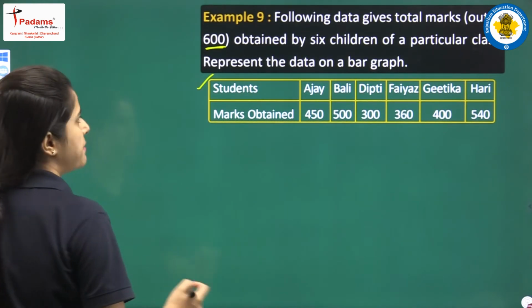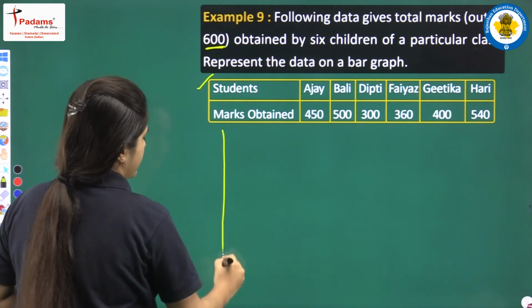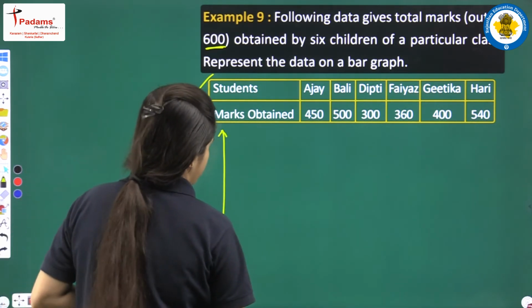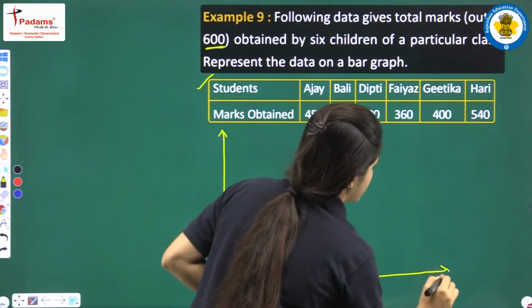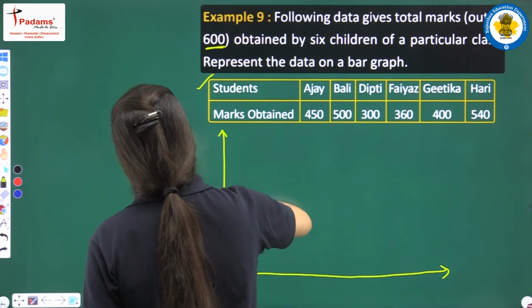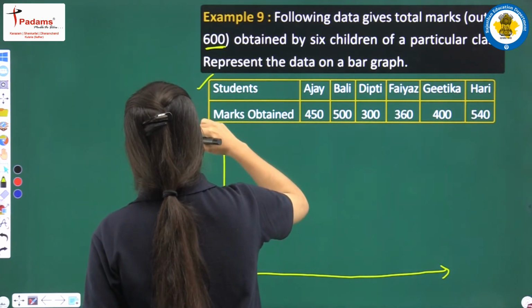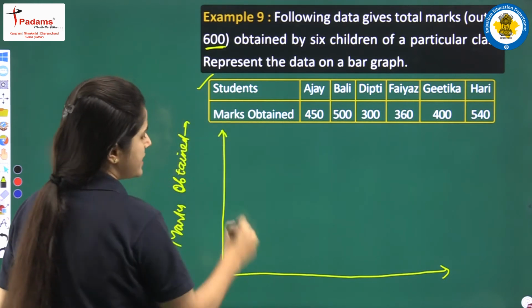Now students, we'll make a bar graph. So in this, students, we are writing marks obtained. And in this, the students.